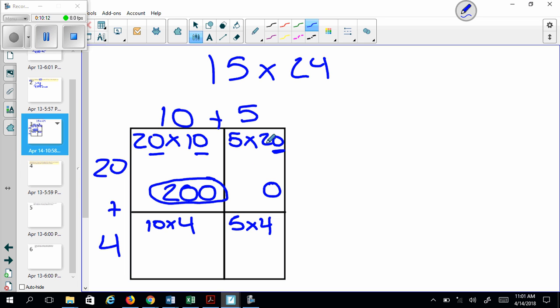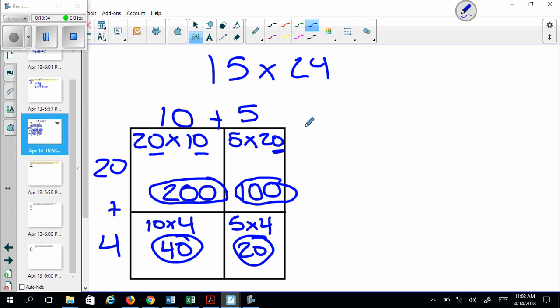And then 5 times 2 is 10. Do you see why we put the 0 there first? Because you could get confused. Oh, I already have a 0 there. But that's the 5 times 2. Okay? 10 times 4, we know is 40. And then 5 times 4 is 20.